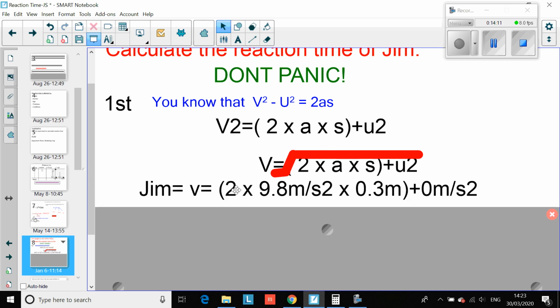Right, so 2 times 9.8, that's a, that's the acceleration, it's gravity, times 0.3, that's the distance that it fell, add 0 meters per second, squared. Okay, now remember 0 because it was not moving when we first dropped it. Once you've got all that, that will give you v squared.